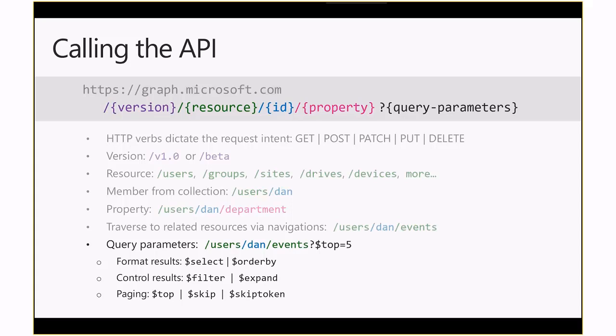So, for example, I could use $select to get a projection on the data that's coming back, or I could filter to control what sort of results I'm going to get back in my page collection. So here we have the basic URL path for calling Microsoft Graph, and we try and keep this a pretty consistent experience for developers. So that's my very brief intro into Microsoft Graph.